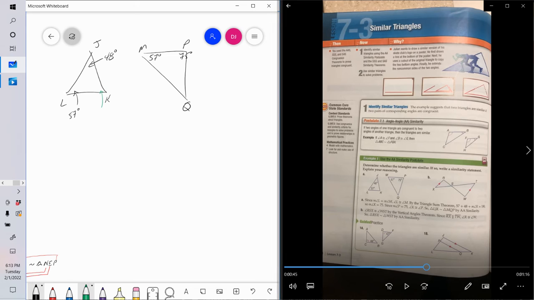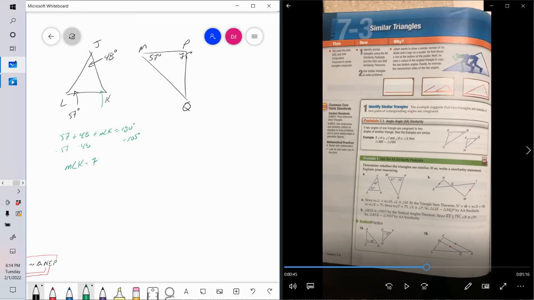Well, 57 degrees for angle L plus 48 degrees for angle J plus the measure of angle K needs to equal 180 degrees. So I subtract the 57 and the 48 from both sides, which is subtracting 105 degrees from 180.